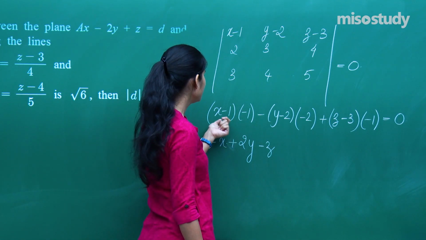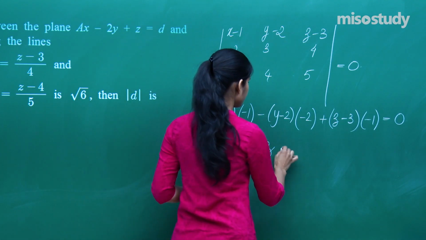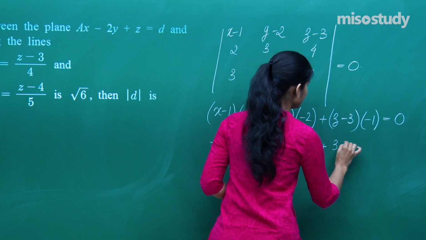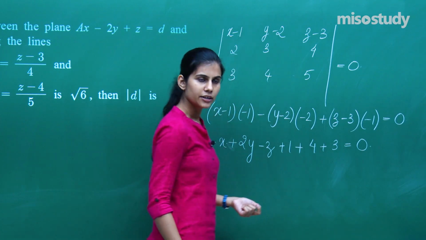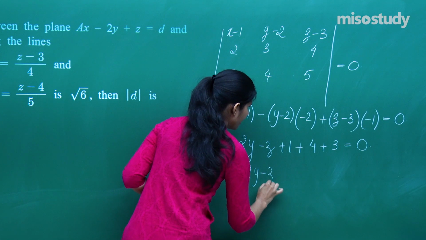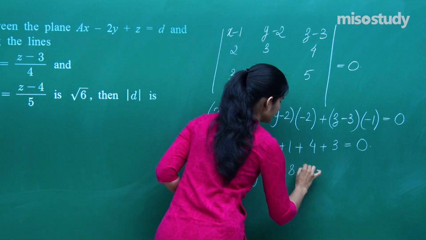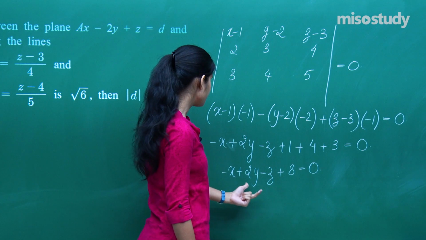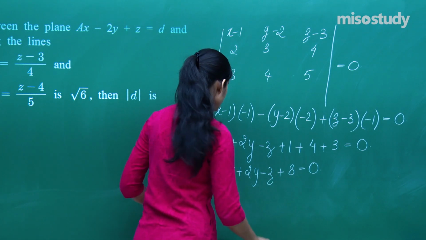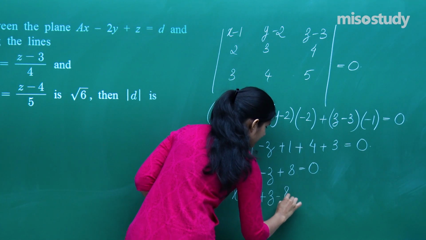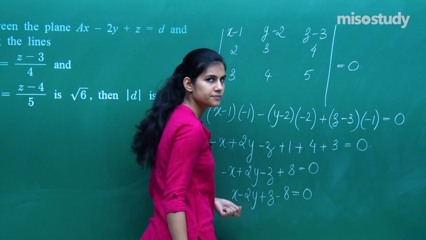This becomes −x + 1 + 4 + 3, right? So you get −x + 2y − z + 8 = 0, isn't it? So you get x − 2y + z − 8 = 0.